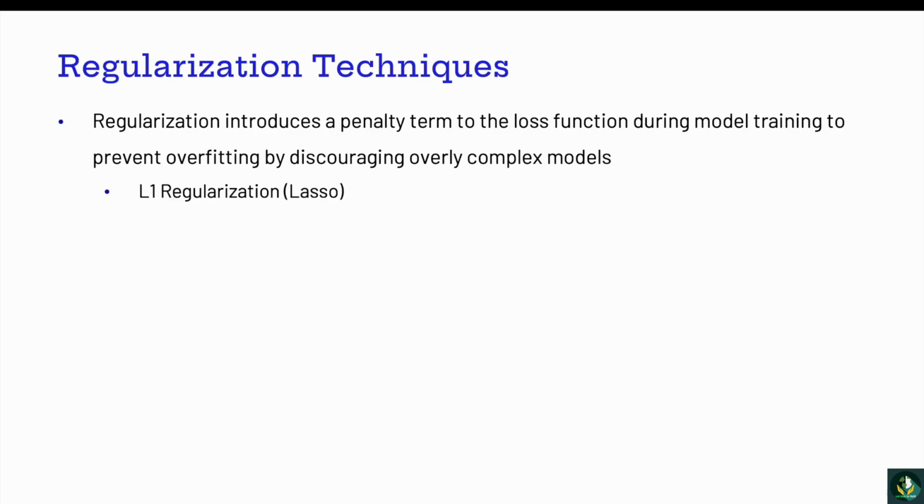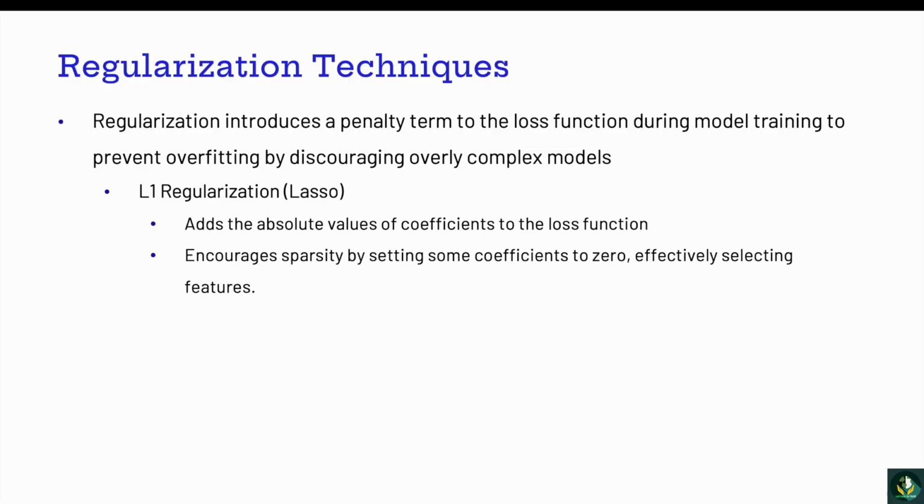We have L1 regularization, also called the lasso technique, which adds the absolute values of coefficients to the loss function. It encourages sparsity by setting some coefficients to 0, effectively selecting features.